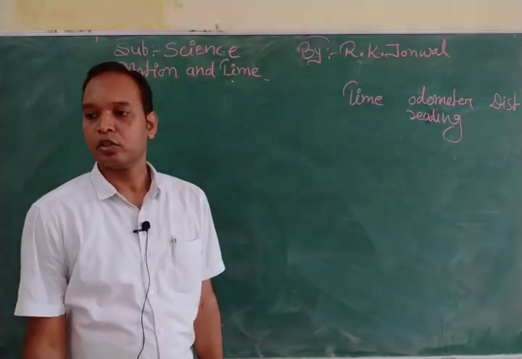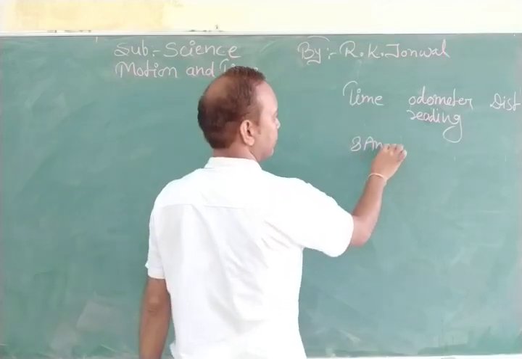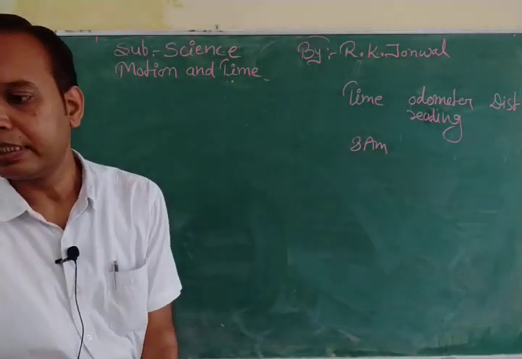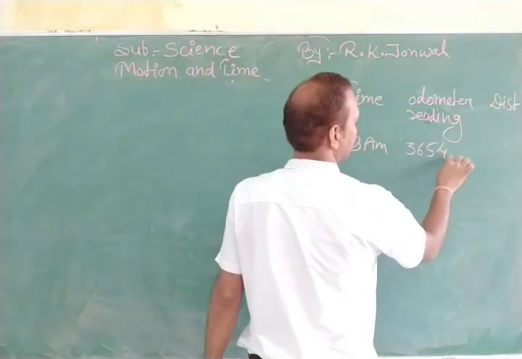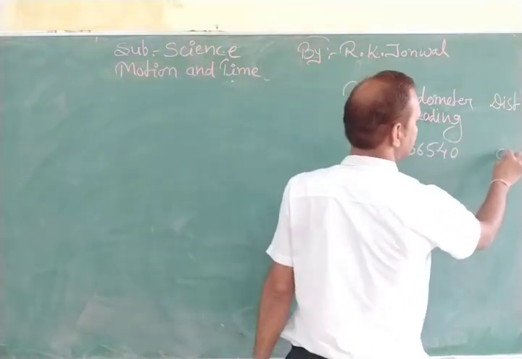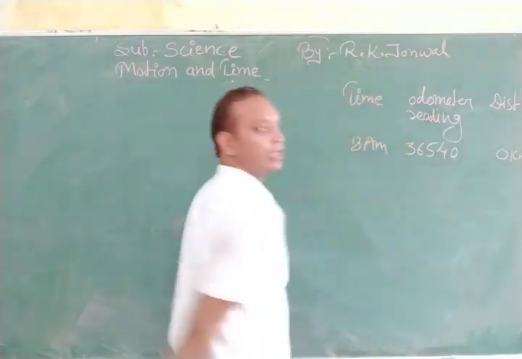So we can say at 8 a.m. the reading of odometer is 36,540, and distance is 0 kilometer.